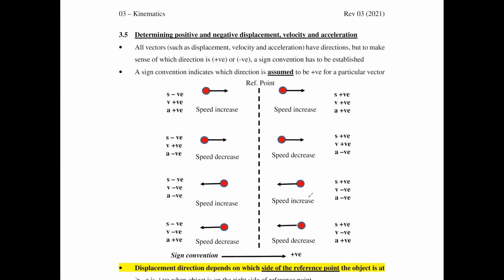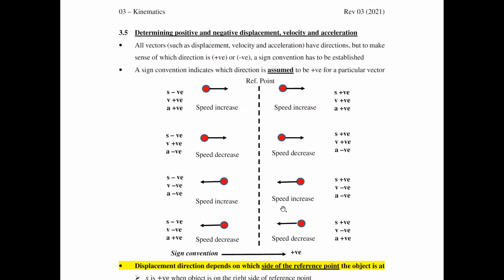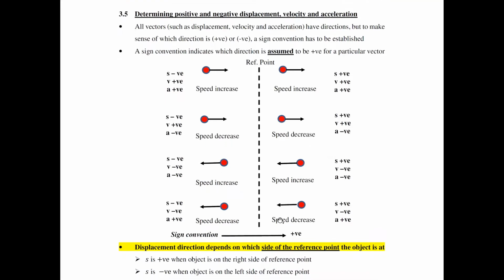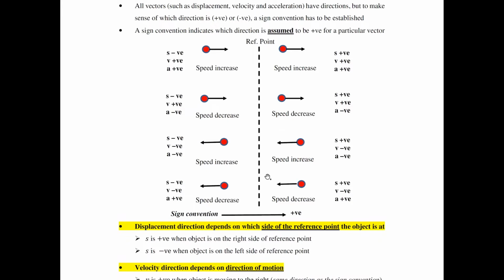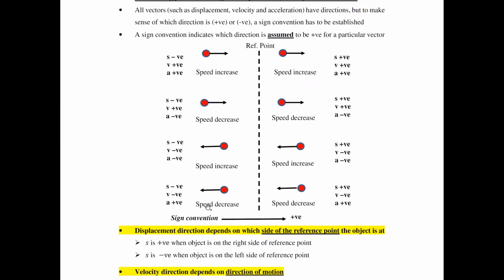Now, there are a few cases here for you to determine positive and negative directions for all the different quantities. Let's start with displacement first. Let's assume that there are 8 different cases here, and this point here is your reference point, or you can think of it as your starting point.